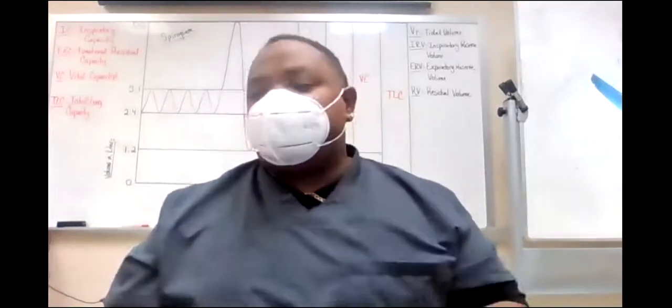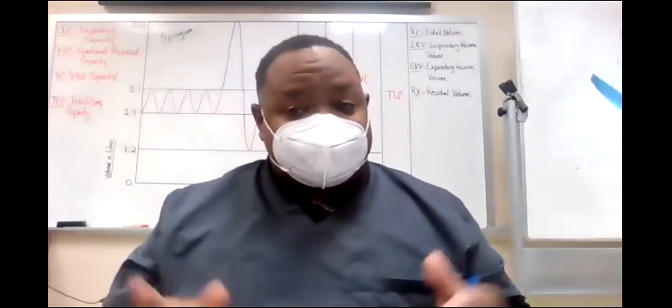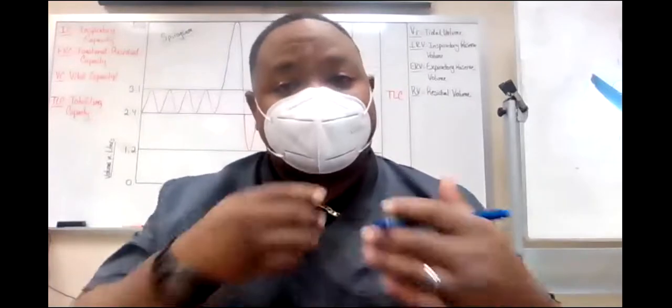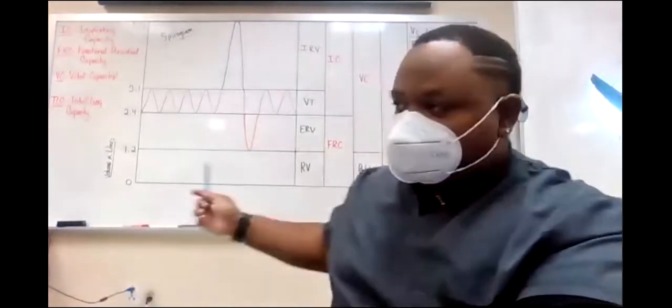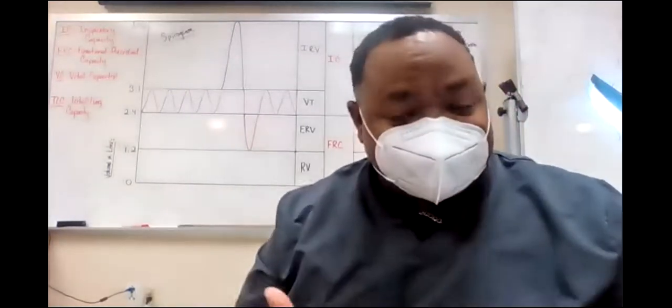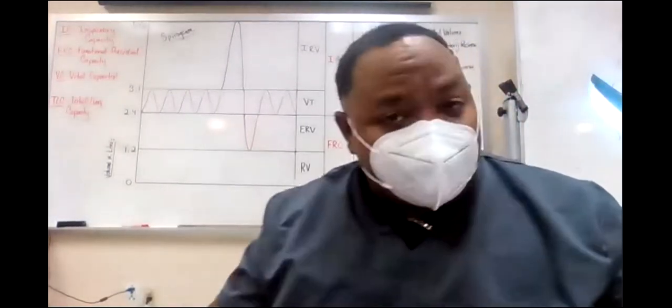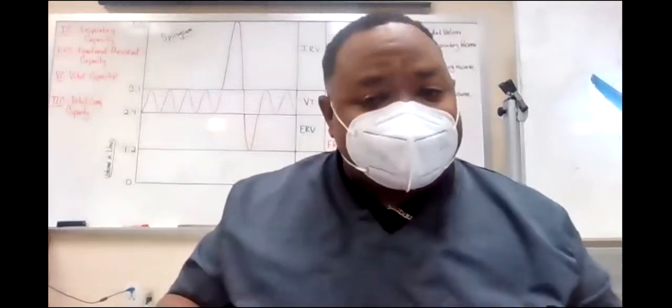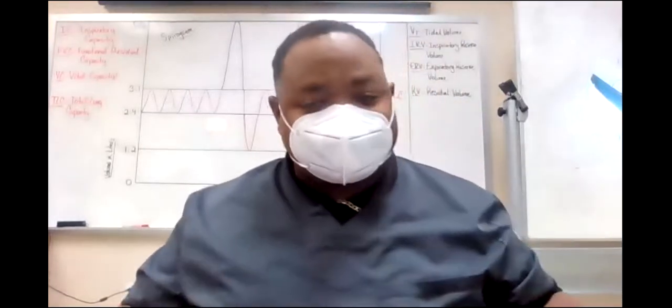Okay? So that's why we're talking about this today, because we're going to talk about the pulmonary mechanics. And so you will know what levels are normal and what levels show us disease process. So this thing back here called the spirogram is one of the pulmonary function tests that we can do to determine the severity of somebody's respiratory disease, okay?